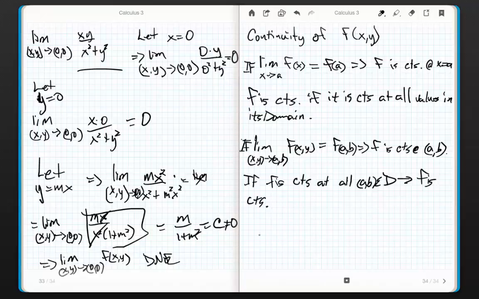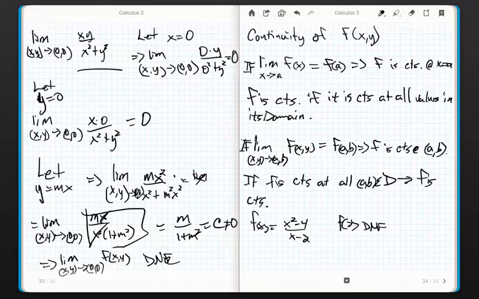Now, there's a bit of a trick here that we got to be careful with. Remember in 2 space when we had f of x equals, let's go x squared minus 4 over x minus 2, right? And we know that the function doesn't exist when x equals 2. So f of 2 does not exist.